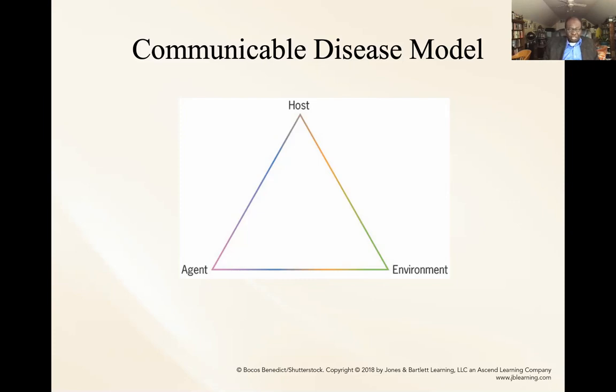But within the host, there are areas within that host that the virus can exist. The environment. Now, the environment in the host usually, as they said, is the saliva within the mouth.